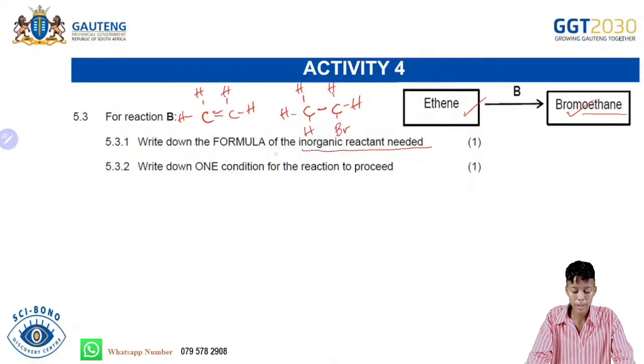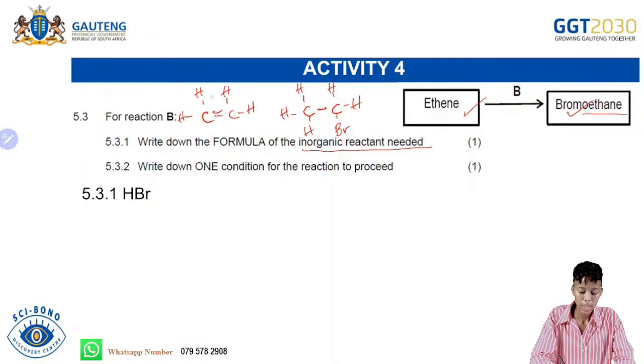So it says write down the formula of the inorganic reactant. Remember your reactants are on the left hand side of the equation, and your products are on the right hand side. So if you are moving from an ethene to a bromoethane, what other reactant can you add?